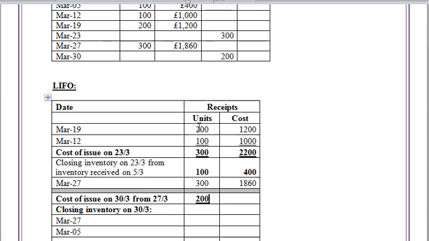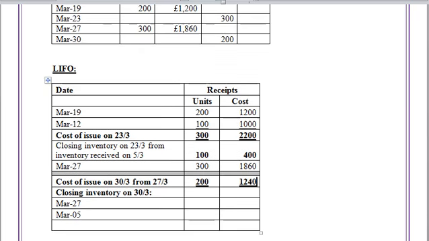So you would be expected to do 1860 divided by 300 times 200, which will give me 1240. And that will be my cost of issue. Then we have to find the closing inventory.